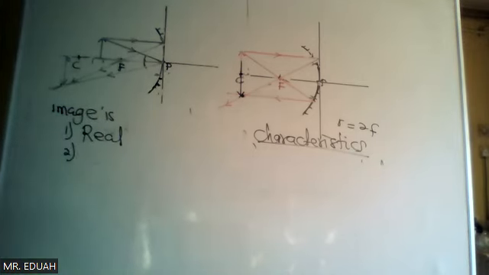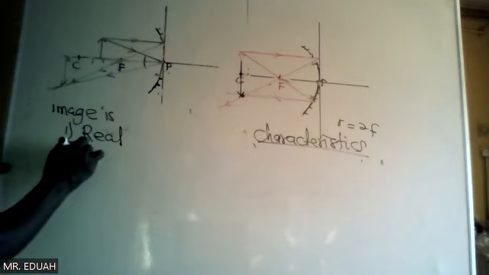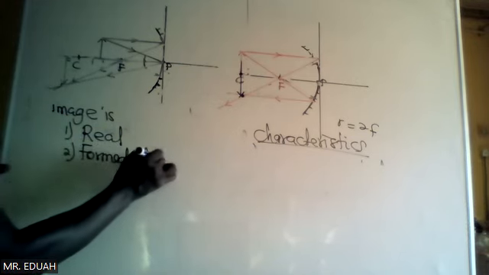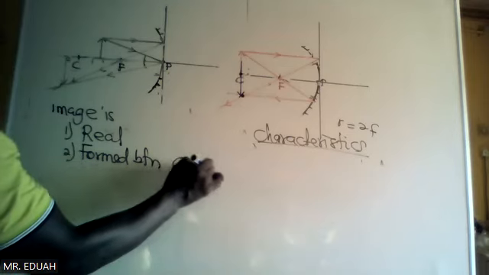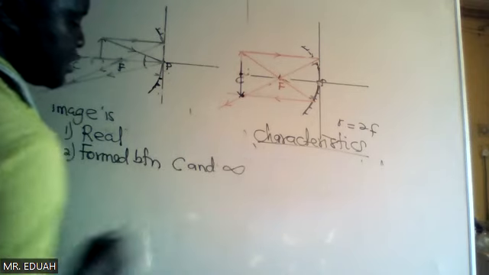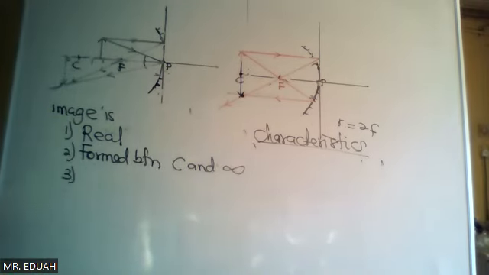Image is formed in between C and infinity, or behind C. 3.